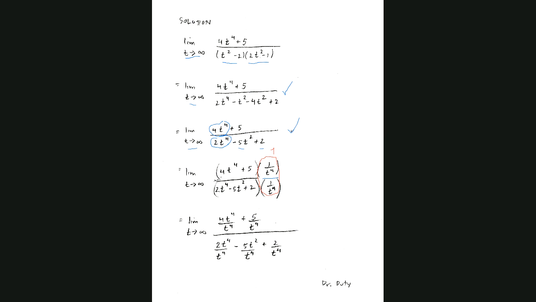Okay, and so we can rewrite the limit this way. How many recall doing this kind of process maybe in pre-calculus?